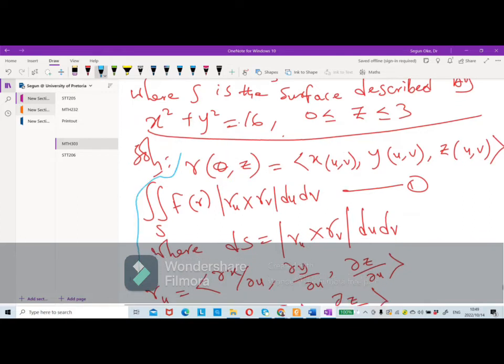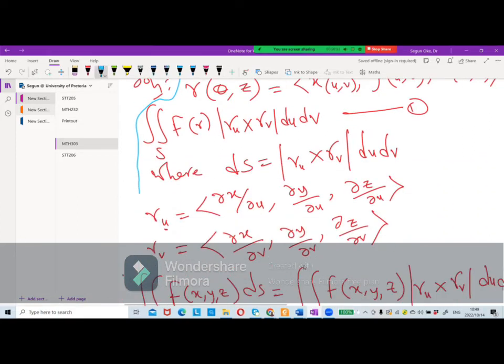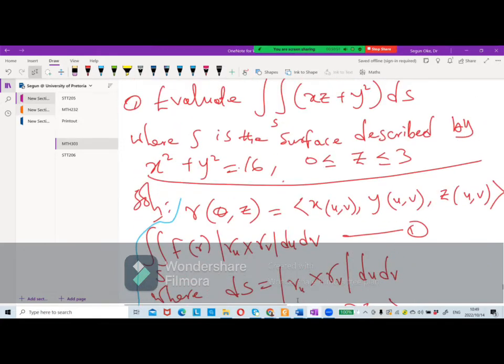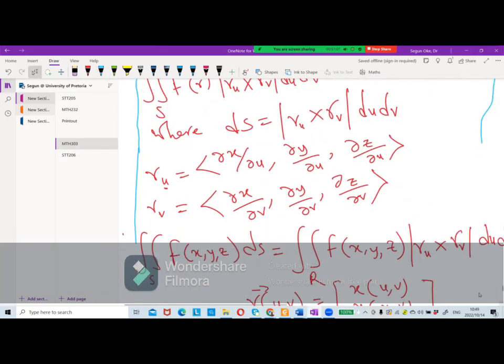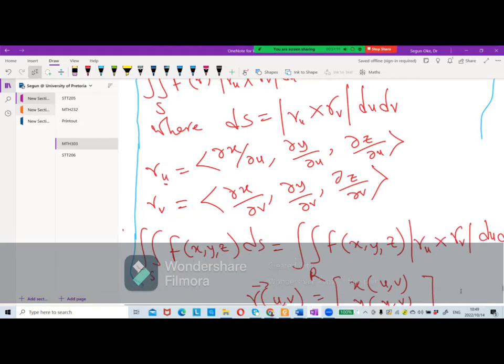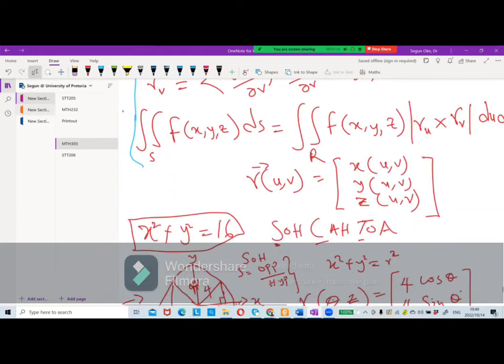The same formula, I'm now using it to write in terms of theta and Z that we know. Remember, the question was given to us in Z. So that's why I go back to it. So it's the same thing that I just explained here. This is just a kind of note that I'm giving you.